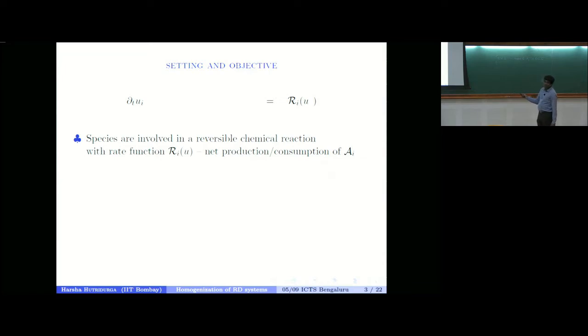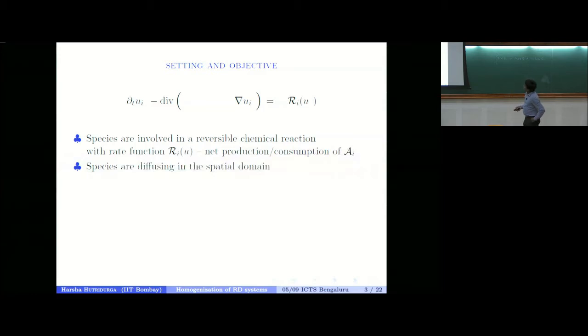So we will fill in the details as we go along. This rate function is the rate of change of your concentration because of the chemical reaction it's undergoing, okay? So this Ri, we'll give the expression for later on. This will take care of the chemistry involved.